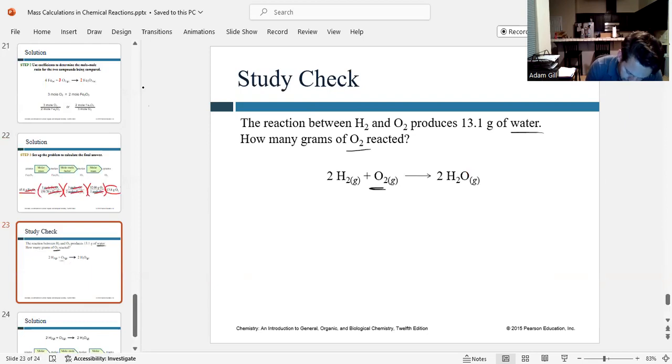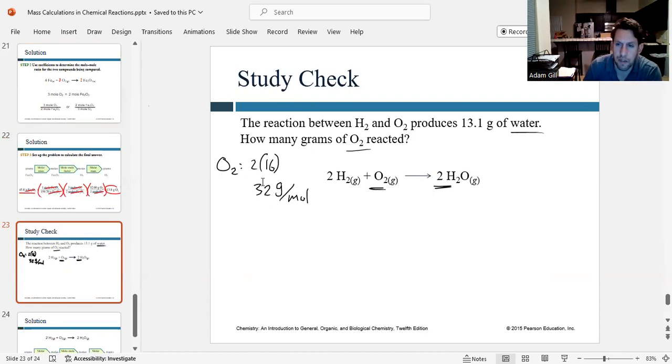So we're looking here and here. We need the molar masses. So O2, oxygen is 16, so 2 times 16 is 32 grams per mole.